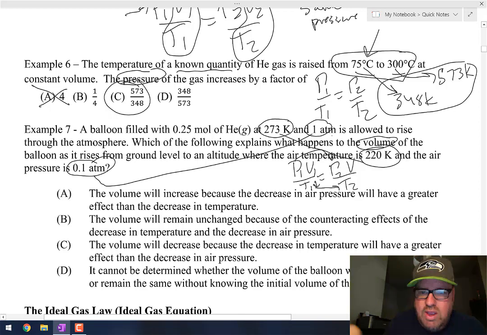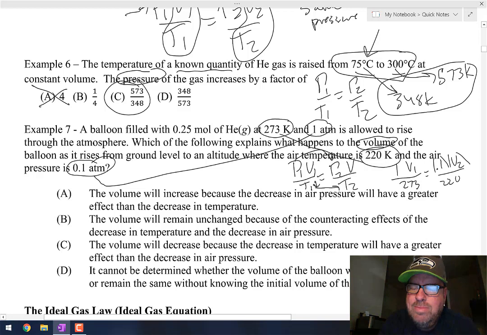Okay, so if we put the numbers in, we can say 1 atm, and they don't give us the volume, so I'm just going to say V1 over the temperature, which starts at 273, equals the final pressure 0.1 times V2 over 220.